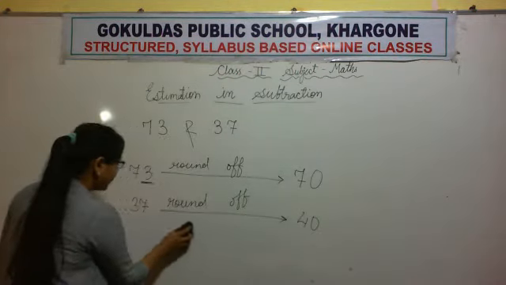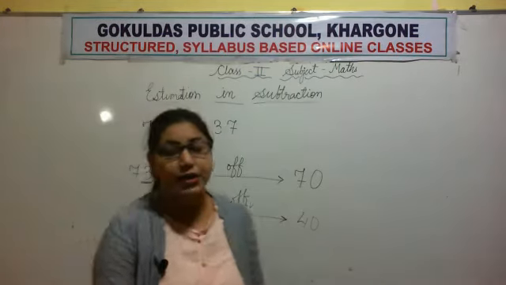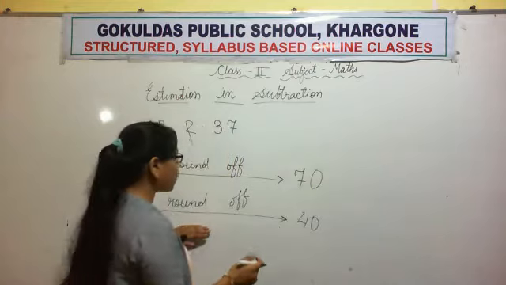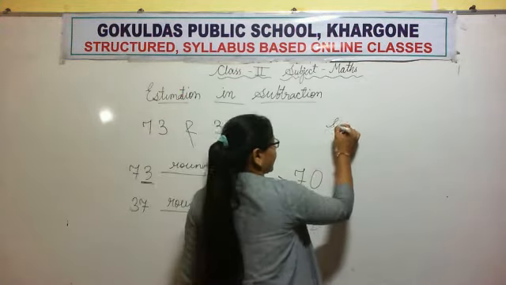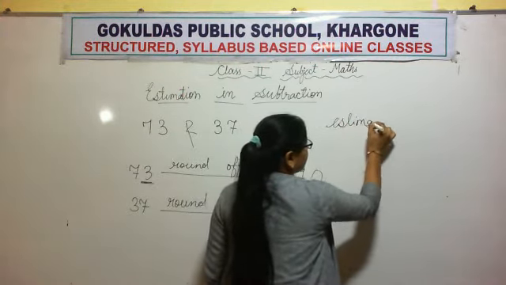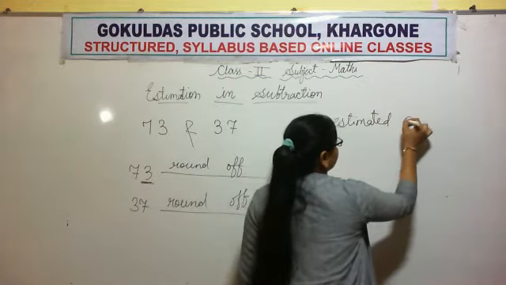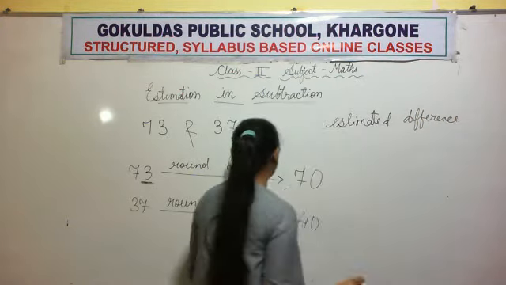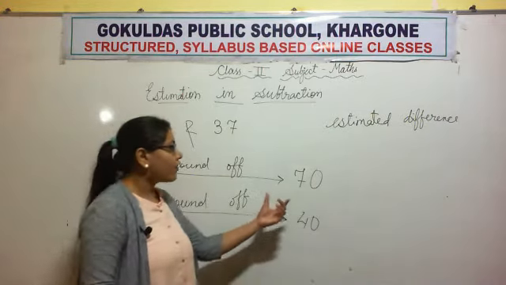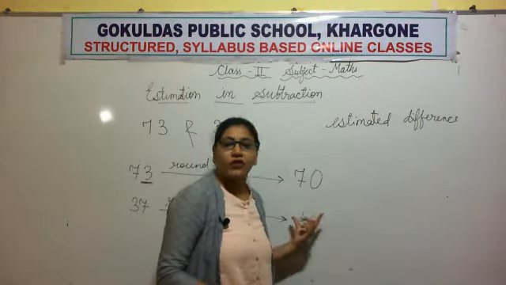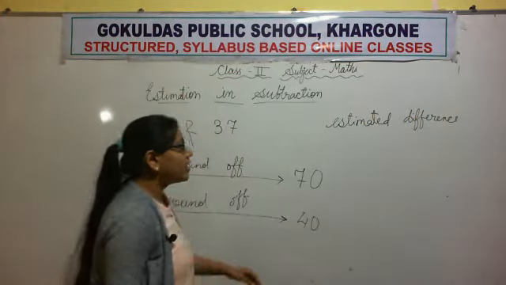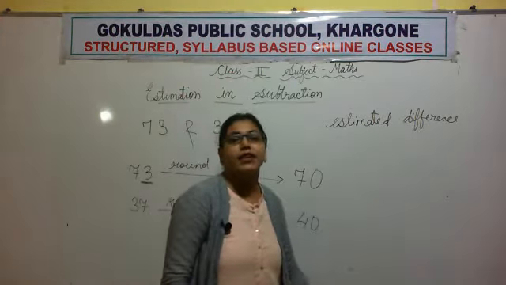Now for estimated subtraction, or estimated difference. After this rounding off, we will find the estimated difference. When we subtract these rounded off numbers, we will get the estimated difference.